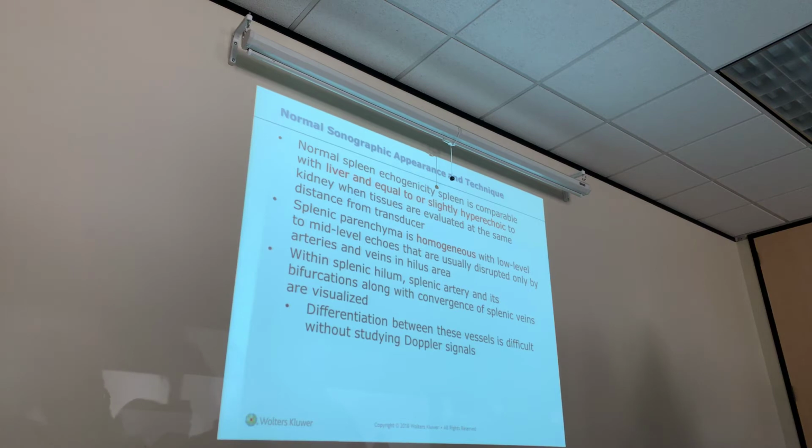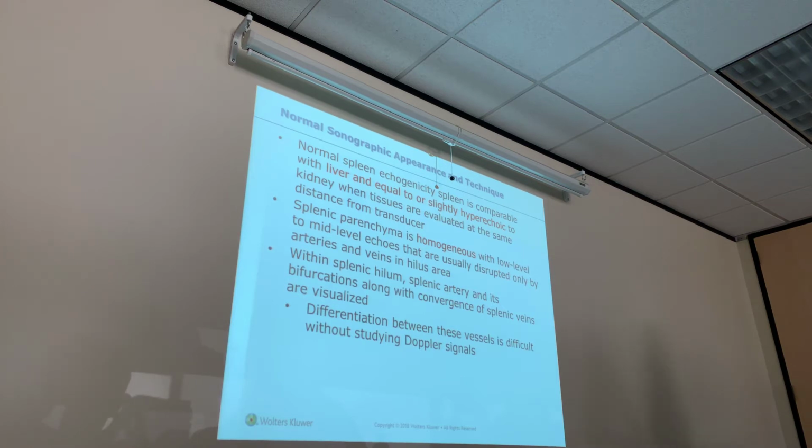Left of the screen. And then when we do longitudinal, it's gonna be on the right side of the screen, but when we do longitudinal, we also take one image where we compare the spleen to the left kidney. And that's to show the echogenicity compared to both, okay?